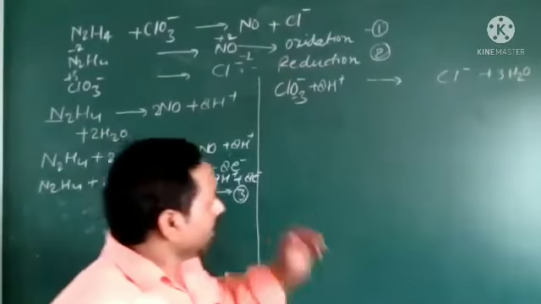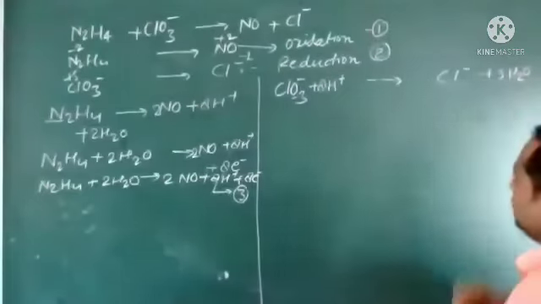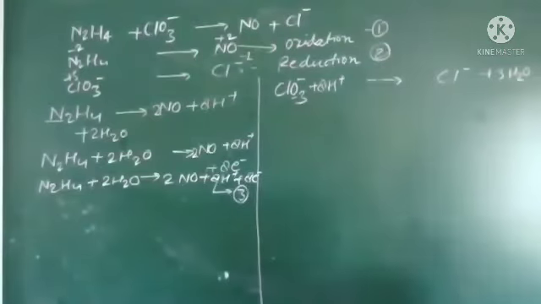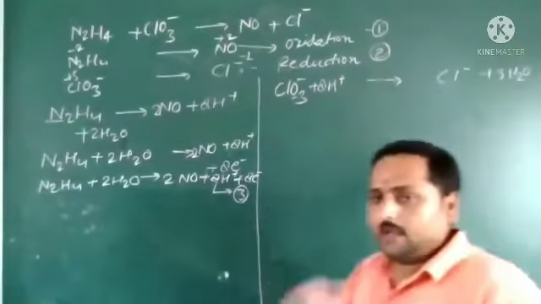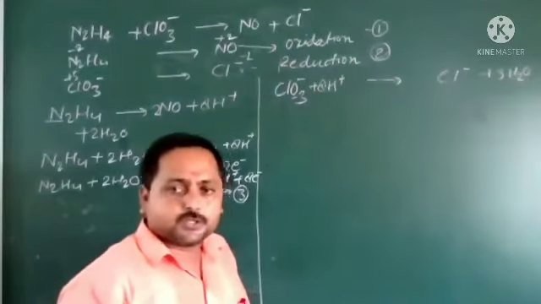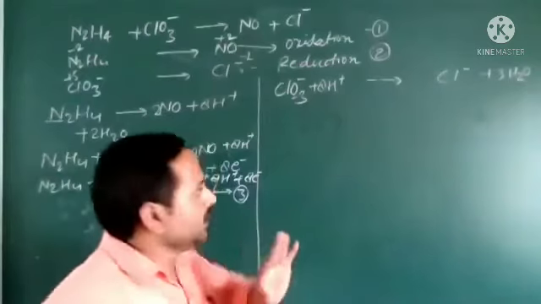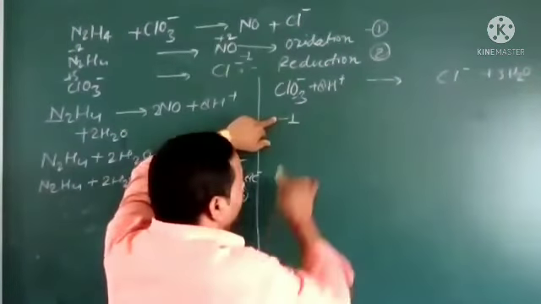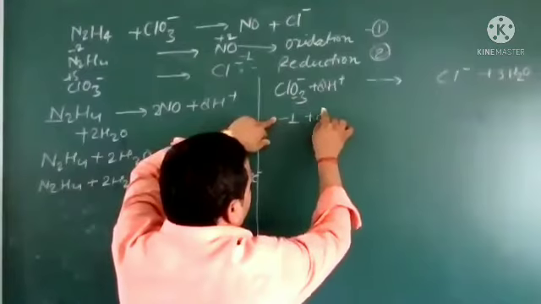Now we are going to see the charges. How much charge? I am writing so that you are not confused. How much charge is there? 1 minus, and 8 plus.